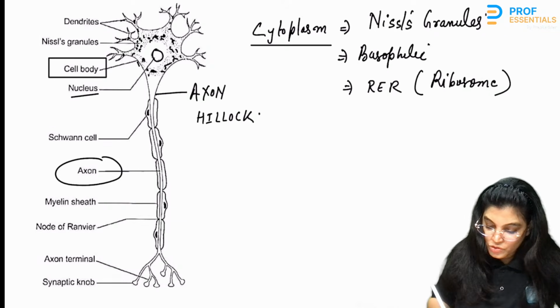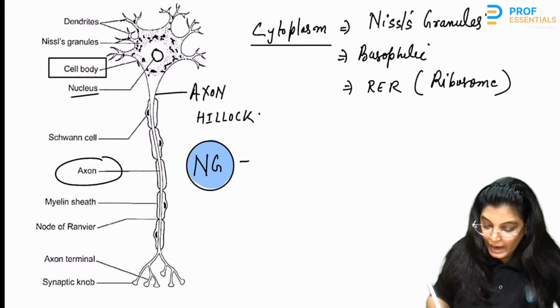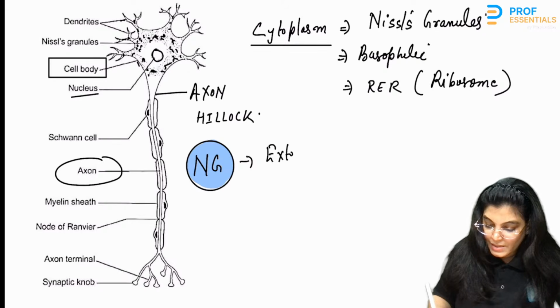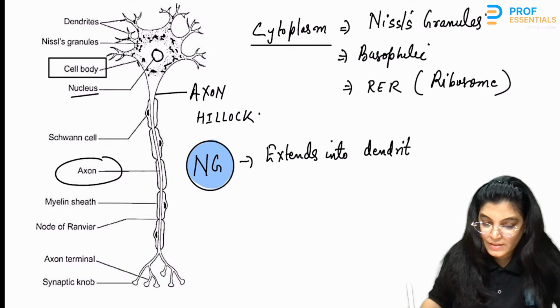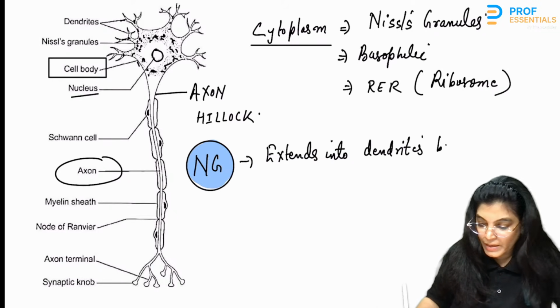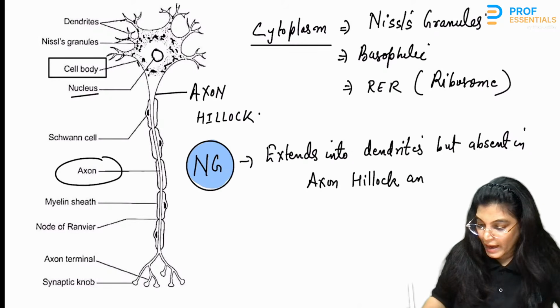I will write Nissl granules in short as NG. What is NG? NG means Nissl granules. Nissl granules extend into dendrites, but are absent in the axon hillock and axons.